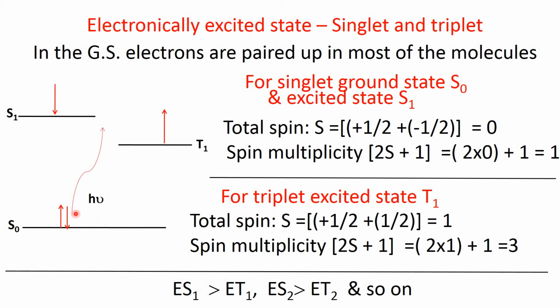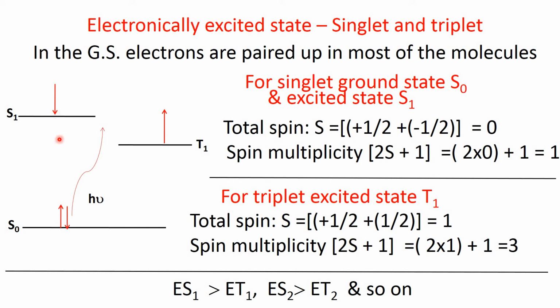Now, after absorbing radiation, the electrons become unpaired and one of the electrons has been promoted to the higher energy electronic state without changing its spin or spin direction. That means here also it was antiparallel and in the excited state also it is antiparallel.